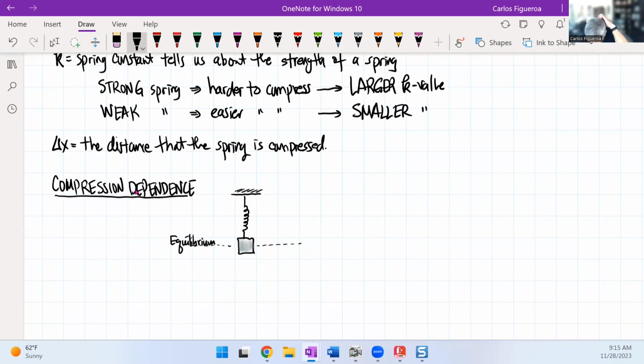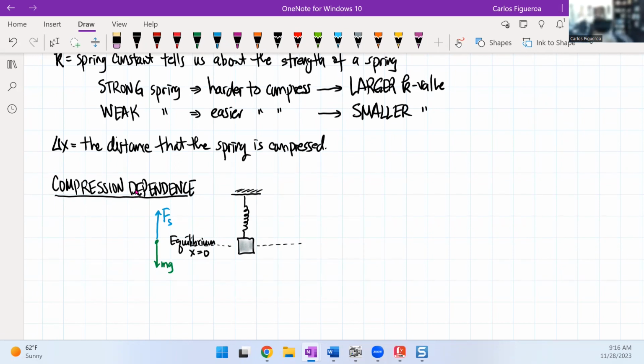And the reason why it's called the equilibrium point is because you could imagine here that I have the force of gravity coming down, and at the same time, I have a spring force pulling up. And if this thing is stationary, then these two forces balance out. This is what they call the equilibrium point, and typically we define this point right here at x equal to 0. So the equilibrium point is at x equal to 0.